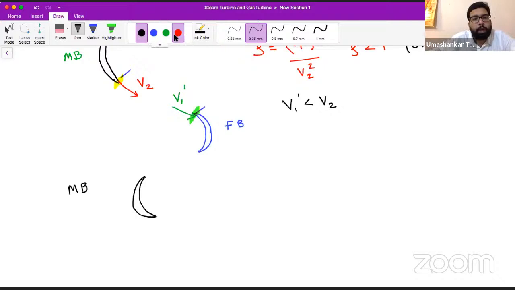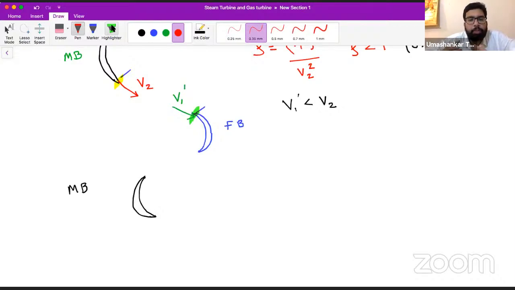Now tell me what we have learned about the fixed blade. In the fixed blade, striking doesn't happen, change of momentum doesn't happen. The fixed blade is only there to change the direction. Those who are live can respond to me. So we have established that in fixed blade there is no loss of momentum, only change of direction.